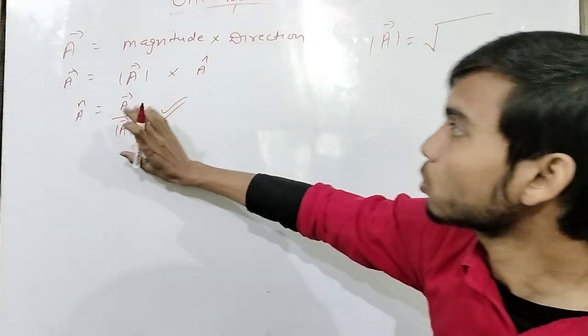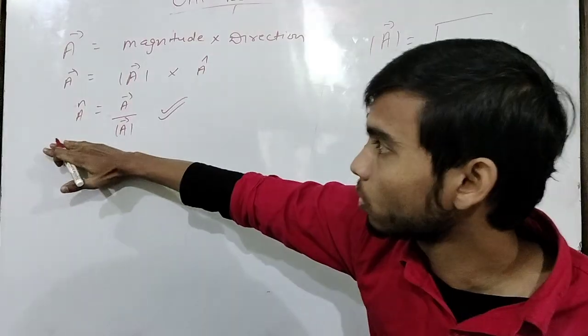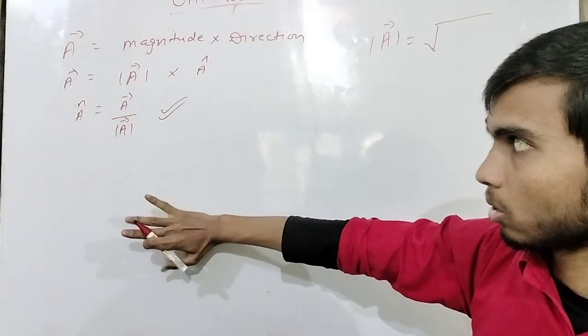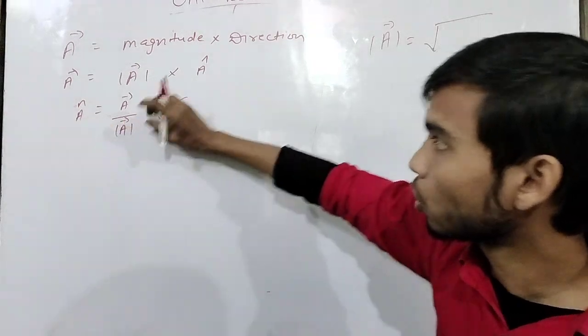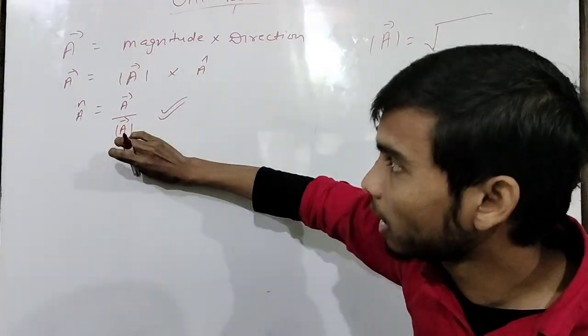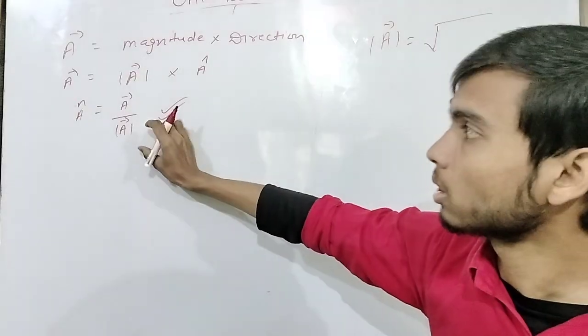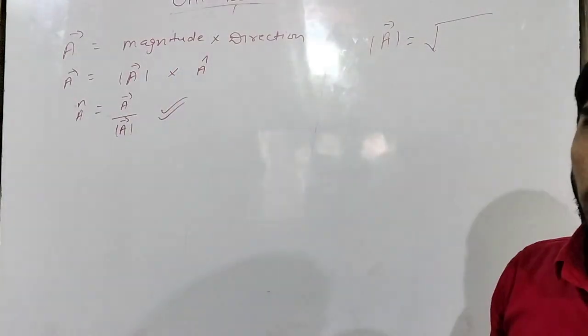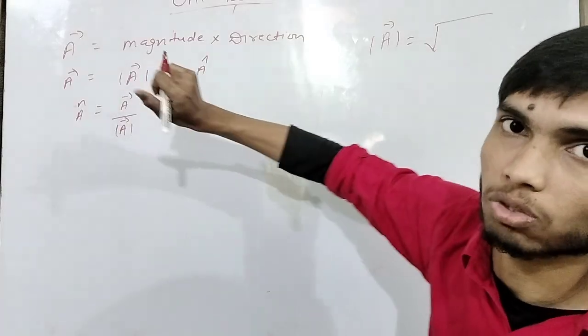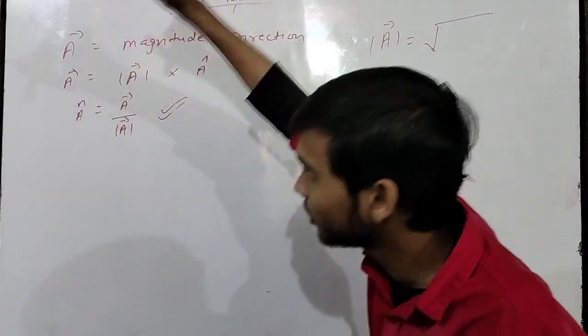And when it comes to only direction, then just use this formula. To get a cap, you will have to divide this vector by the magnitude of this vector. Divide this vector by the magnitude of the same vector, then you will get a cap.